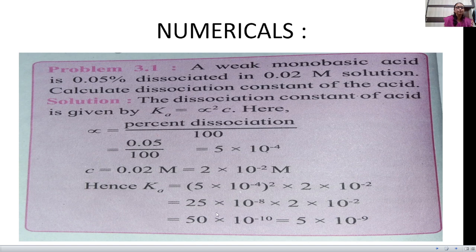The answer Ka is 50 into 10 raised to minus 8. This can be written as 5 into 10 raised to minus 7.